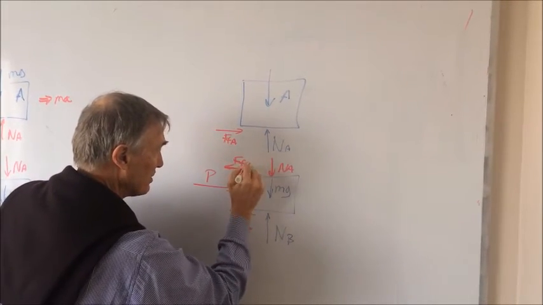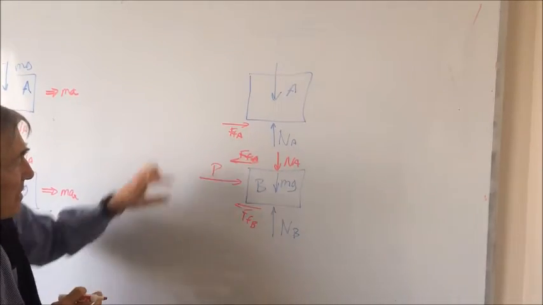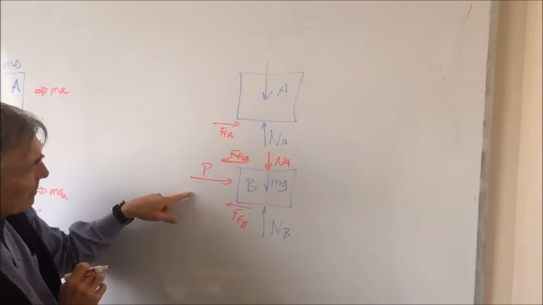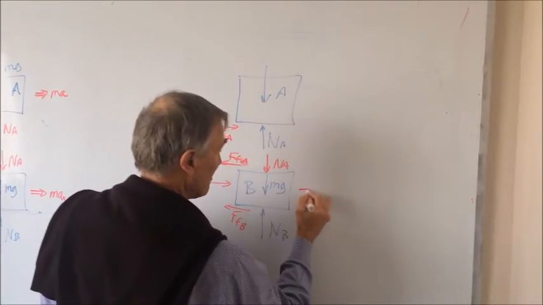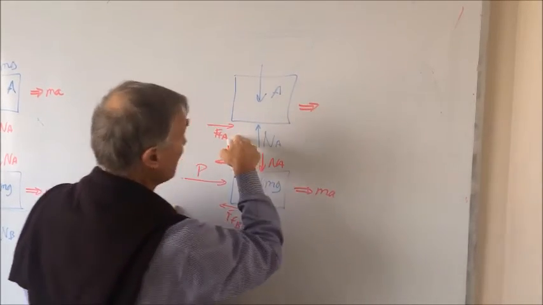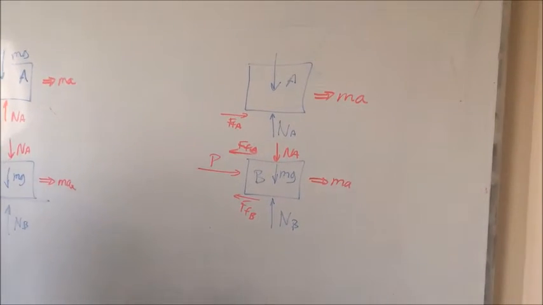Oops, that's the force of friction of A. So again, in both cases, the normal force transfers equal and opposite, and the force of friction transfers equal and opposite. And what makes these things go is the sum of these forces will have a mass times acceleration, and that force will cause this to have a mass times acceleration. Okay.